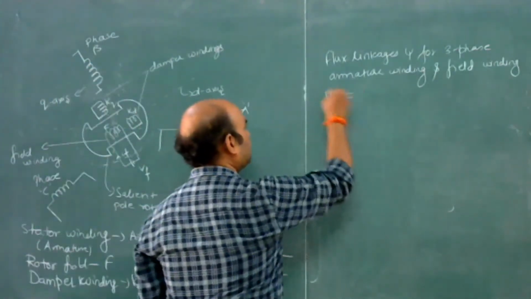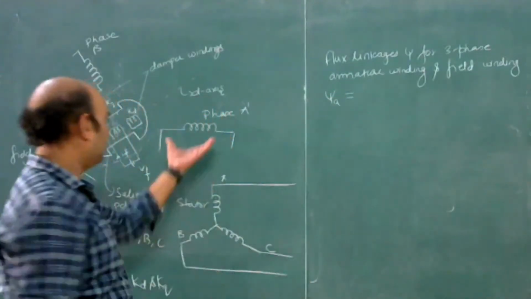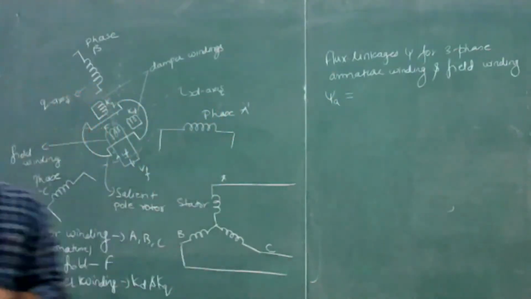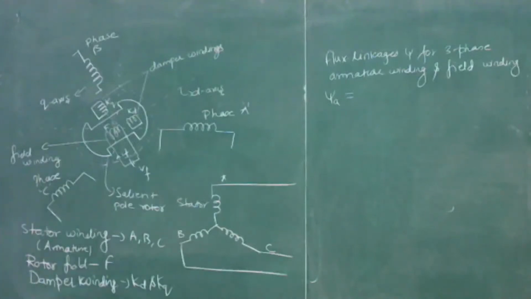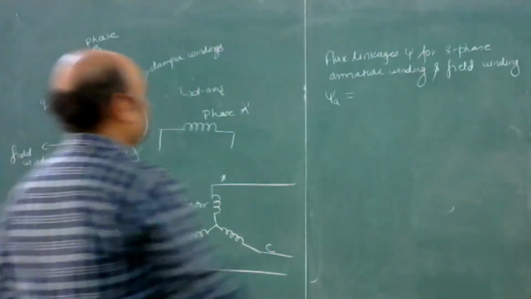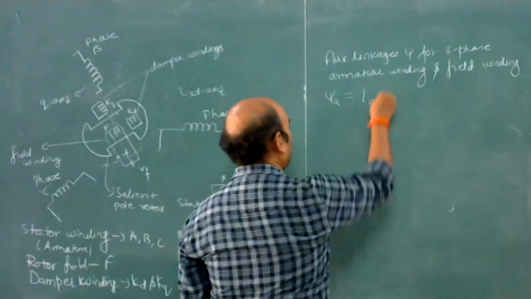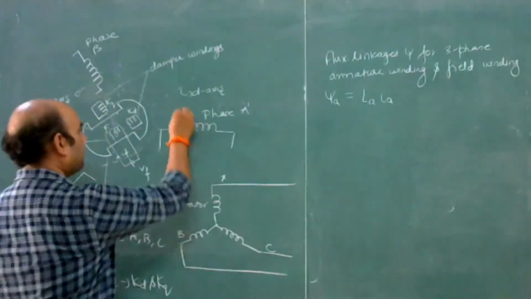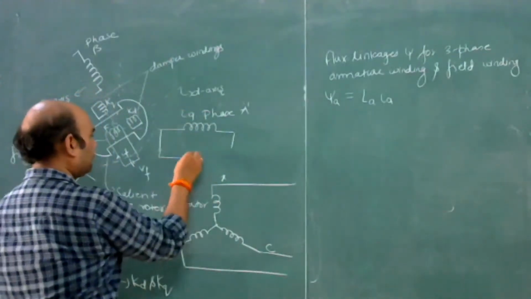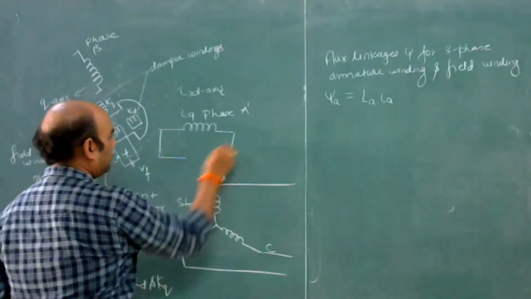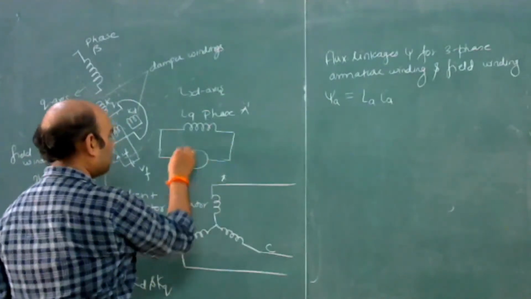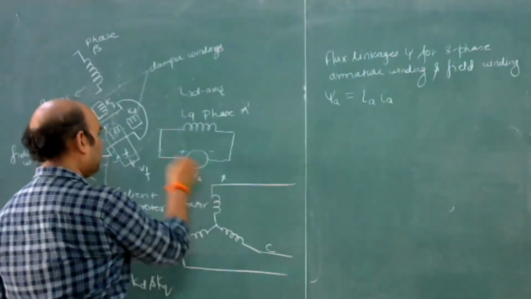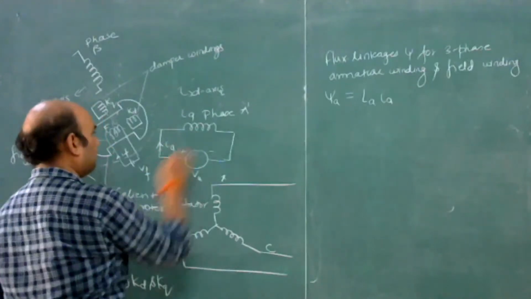psi A, the flux linkage for phase winding A. So psi A is equal to LA into IA. Okay, so this is phase winding A, and let's suppose the voltage is minus VA and this is the current.